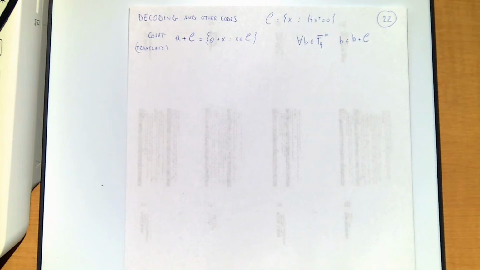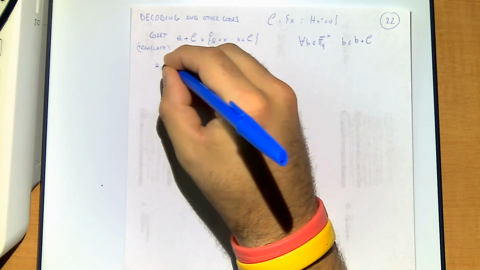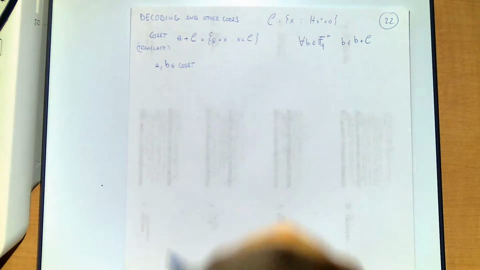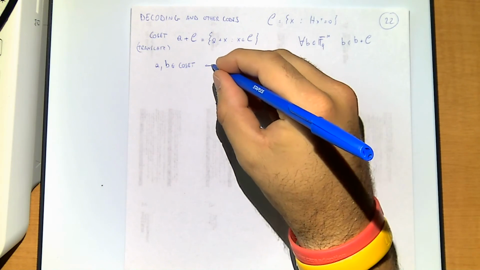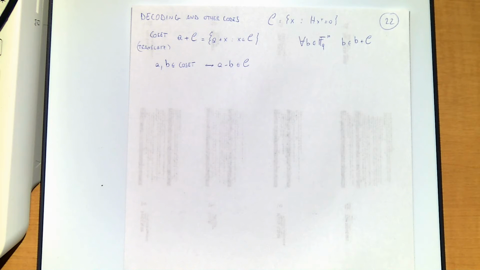Okay. Now the interesting thing is, of course, if I have two vectors in the same coset, so now suppose that I have a vector A and a vector B in a certain coset, then A minus B is a code word. Okay?